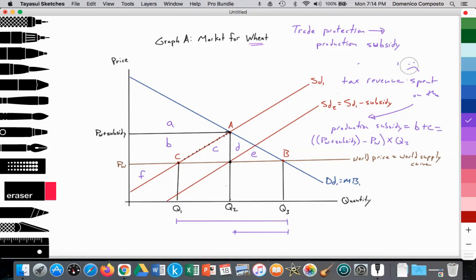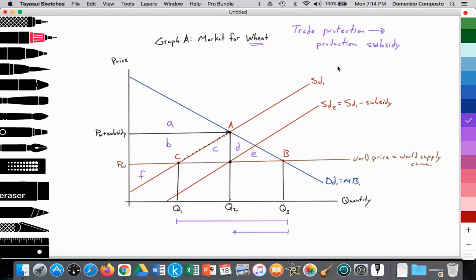Next, we'll look at foreign firms that produce wheat. They will be worse off. They will be exporting less. Okay, the next point, let's look at foreign producers of wheat. They are worse off, all right?